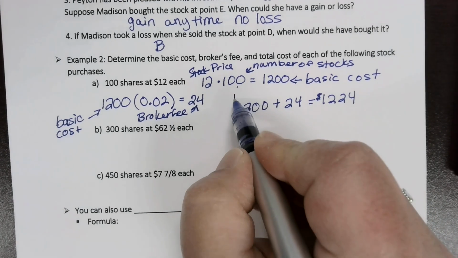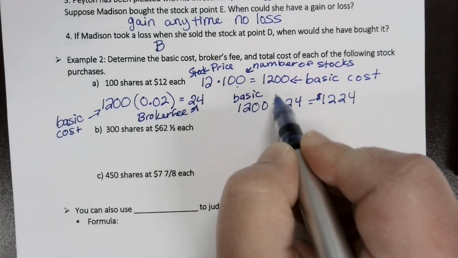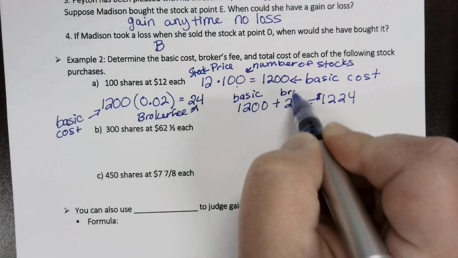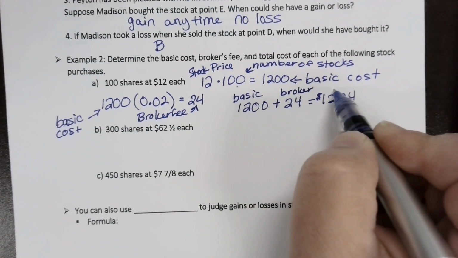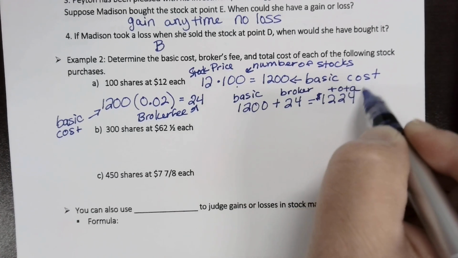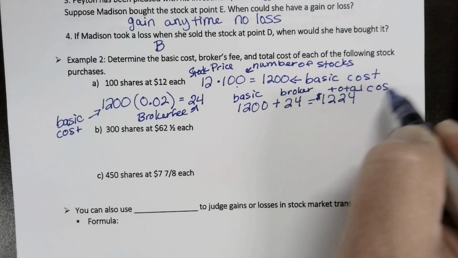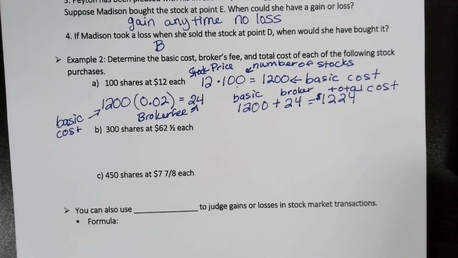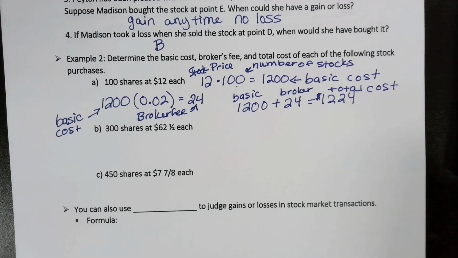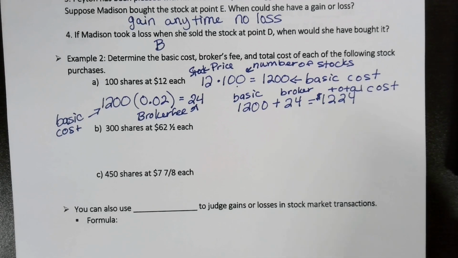Then I take this basic cost plus the broker fee to get the total cost of purchasing the stock. All right, pause your video, try to work number B and C, come back and check your answers.